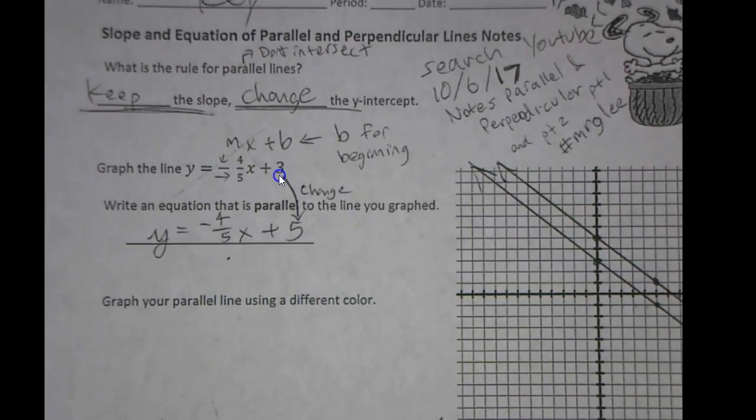Graph the first one at 3, graph the second one at 5 or some other number. And then same slope, down 4, right 5. I should see 2 perfectly parallel lines.